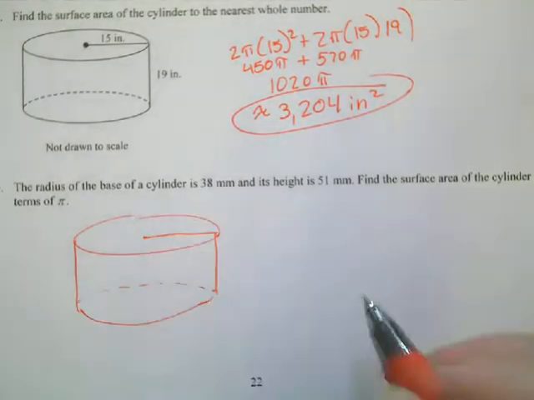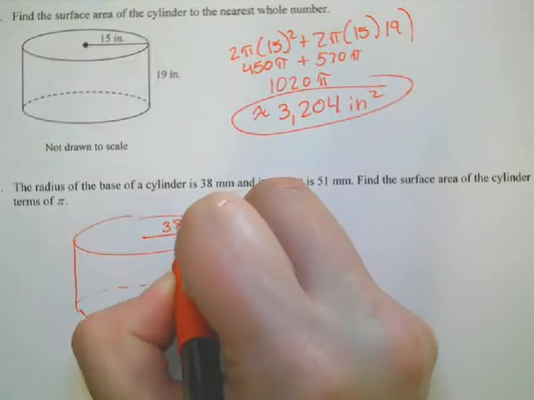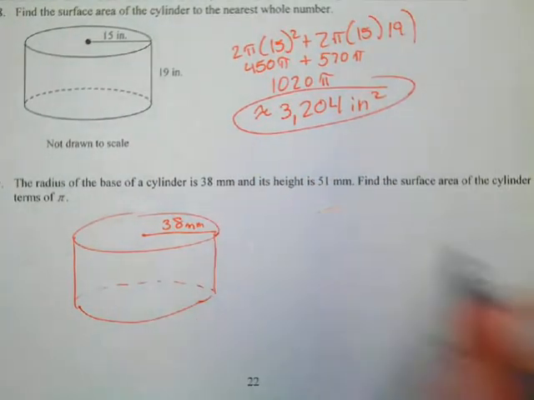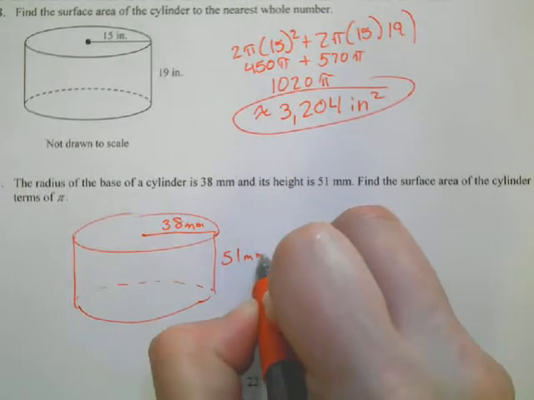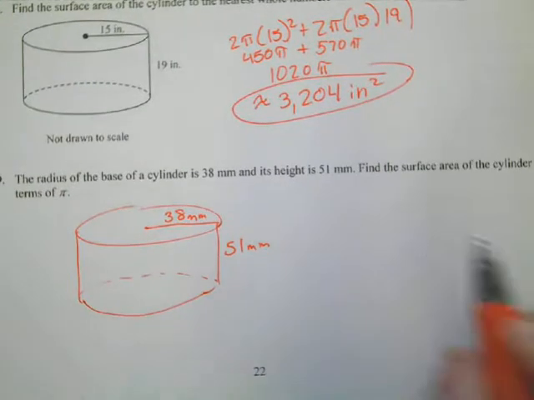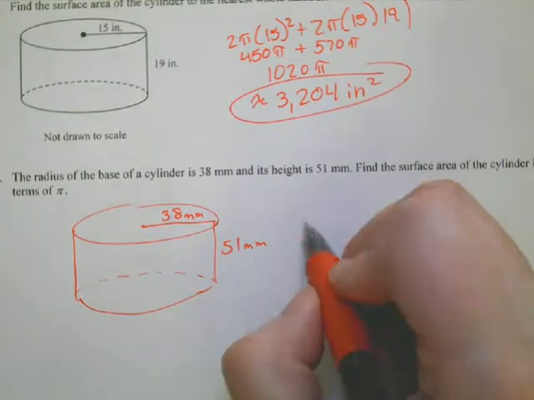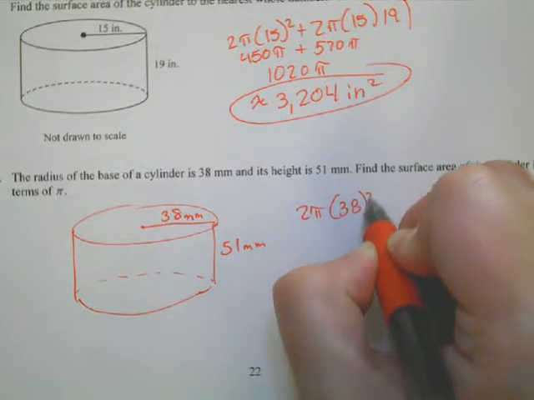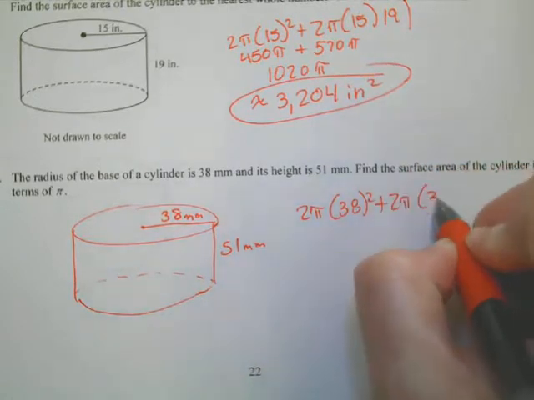Okay, surface area, 2 pi times 38 squared plus 2 pi times 38 times 51. Alright, so we're just calculating here, but it does want us to leave it in terms of pi, so we don't have to go all that far. 38 squared times 2, 2,888 pi.